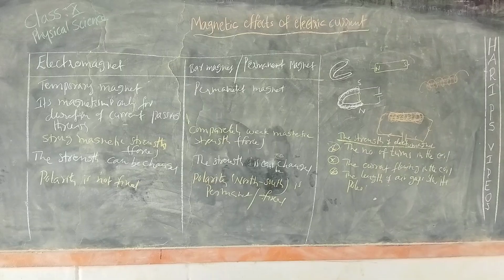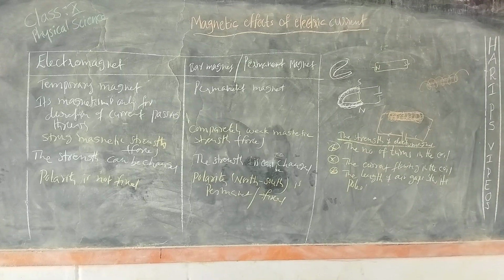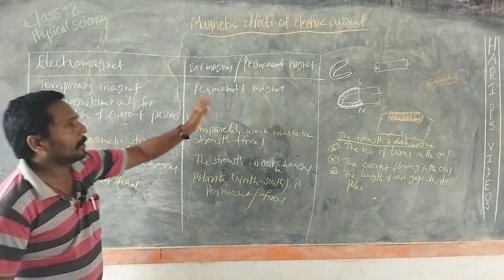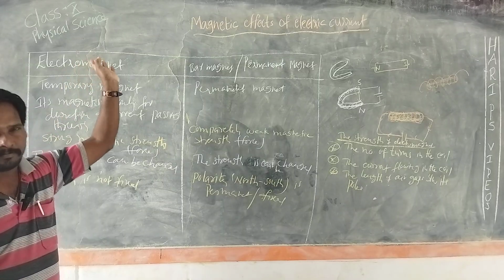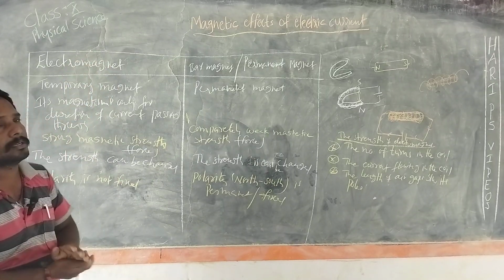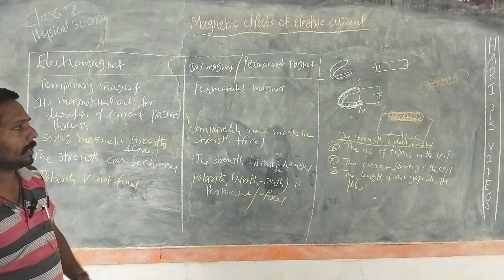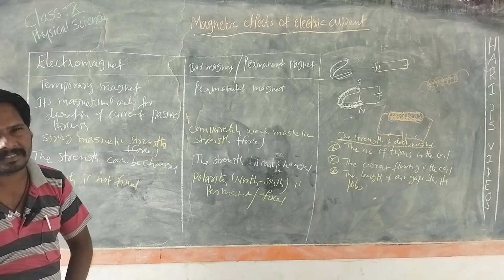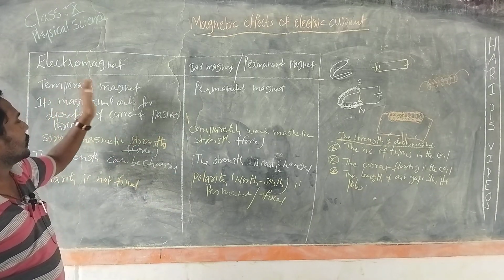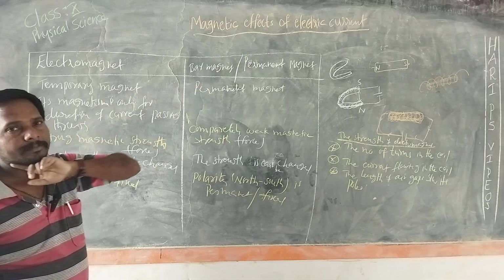So this is about the differences between an electromagnet and a bar magnet. We discussed some points regarding the electromagnet, and these are the simple differences between a temporary magnet and a permanent magnet.